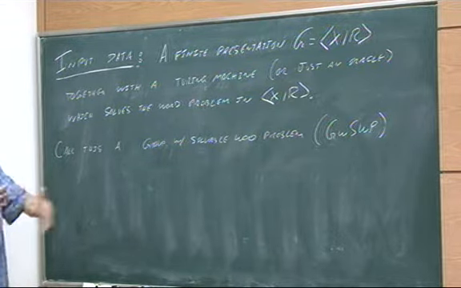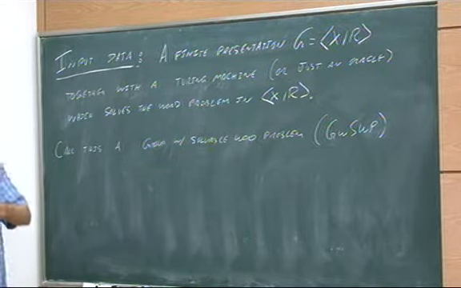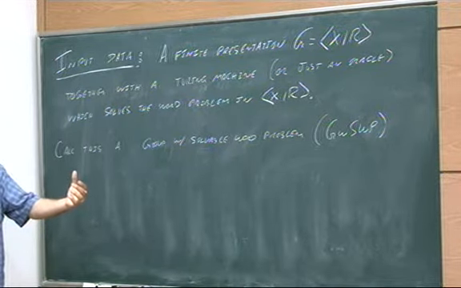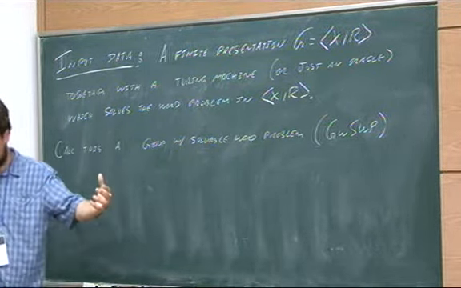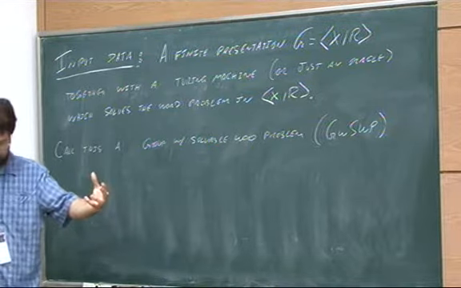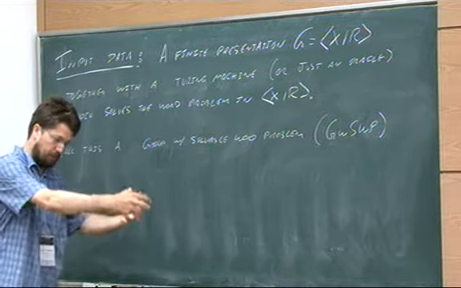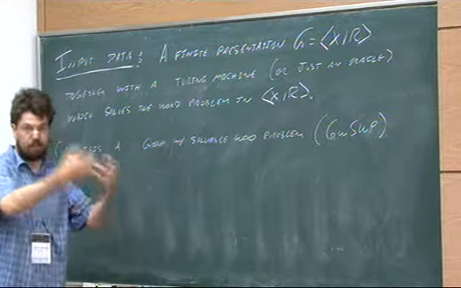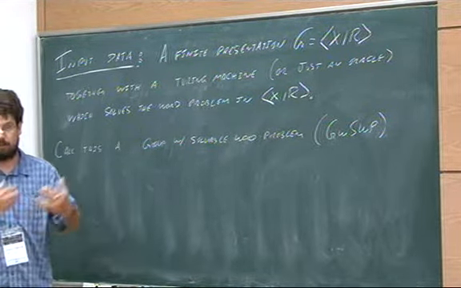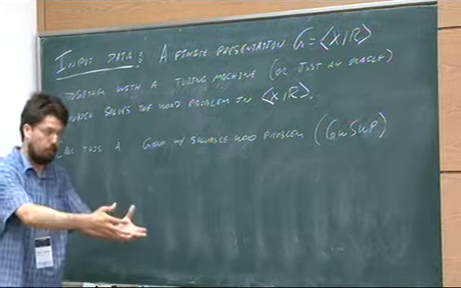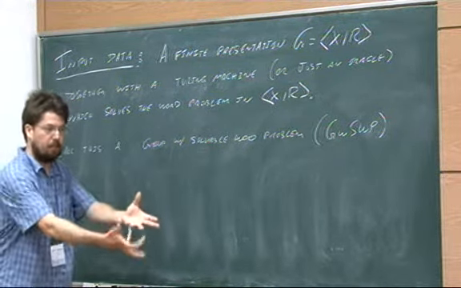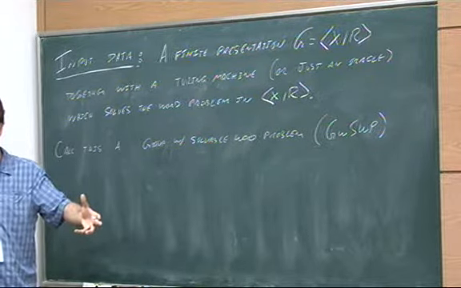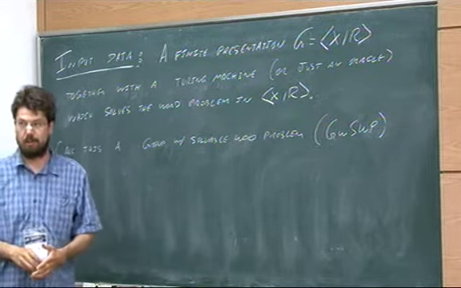But as I just waved my hands about a few moments ago, if I have a solution to the word problem in one presentation, I can find a sequence of Tietze transformations that take me to this other presentation, and that's going to give me an explicit isomorphism between the groups presented by those two presentations. And so if I want to solve the word problem over here, I just map the word back to my original presentation, use the computer, and then use the answer.